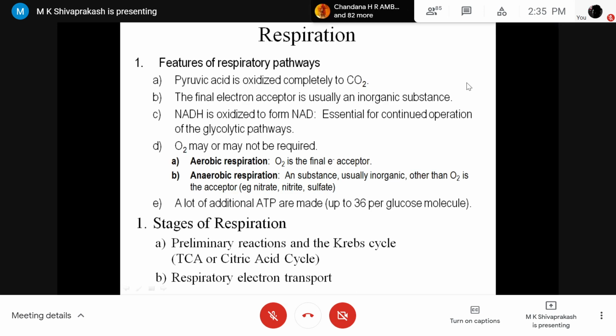Then, of course, this is respiratory metabolism, and up to pyruvic acid, from glucose to pyruvic acid, all organisms follow that pathway, both aerobic and anaerobic organisms. In anaerobic organisms, they further do not use the other cycle, the TCA cycle or citric acid cycle.